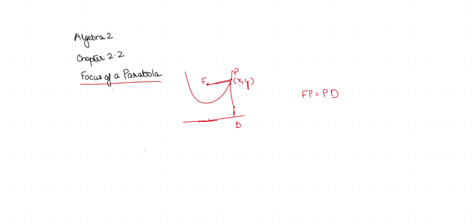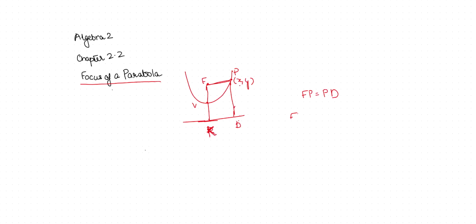And the vertex, we can see this distance and this distance. This is a line, the directrix. So FV, or I can say any point K on the directrix. This line is the directrix.